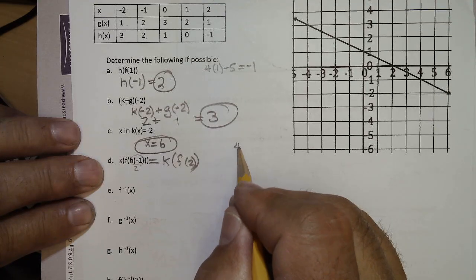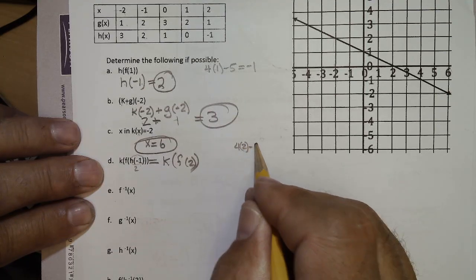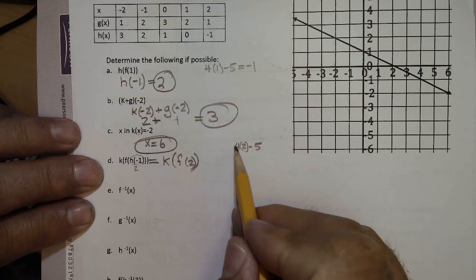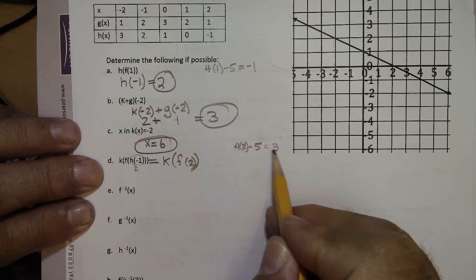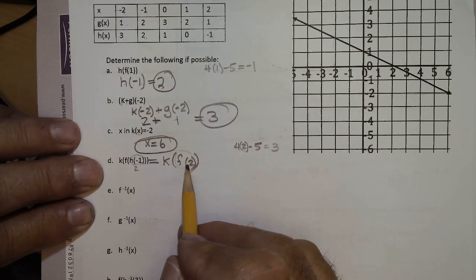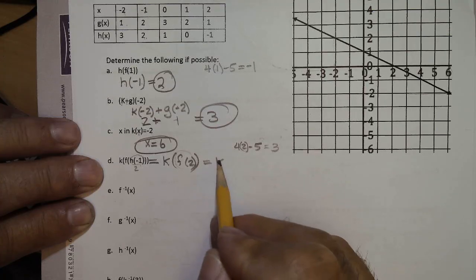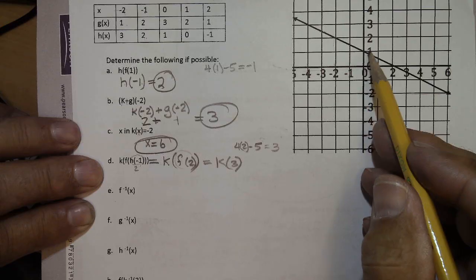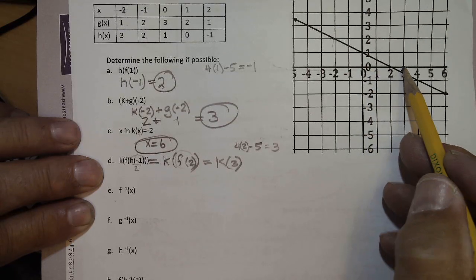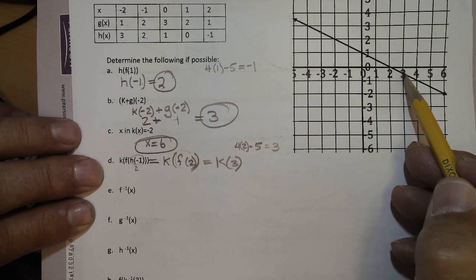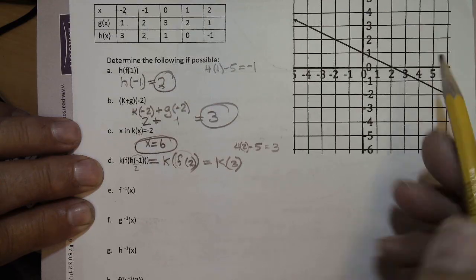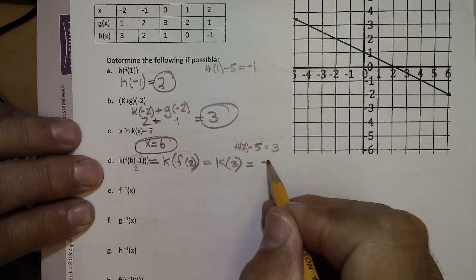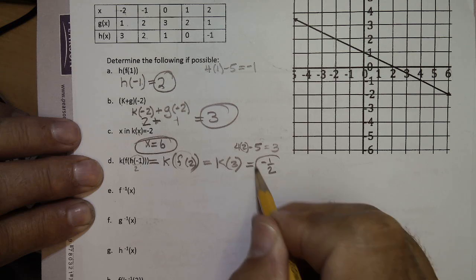So that would be 4 times 2 minus 5. So that's 8 minus 5, which is 3. So this is 3. So I'm doing k of 3. So I'm going to look over here, k, and when x is 3, what I get out is minus 1/2, approximately.